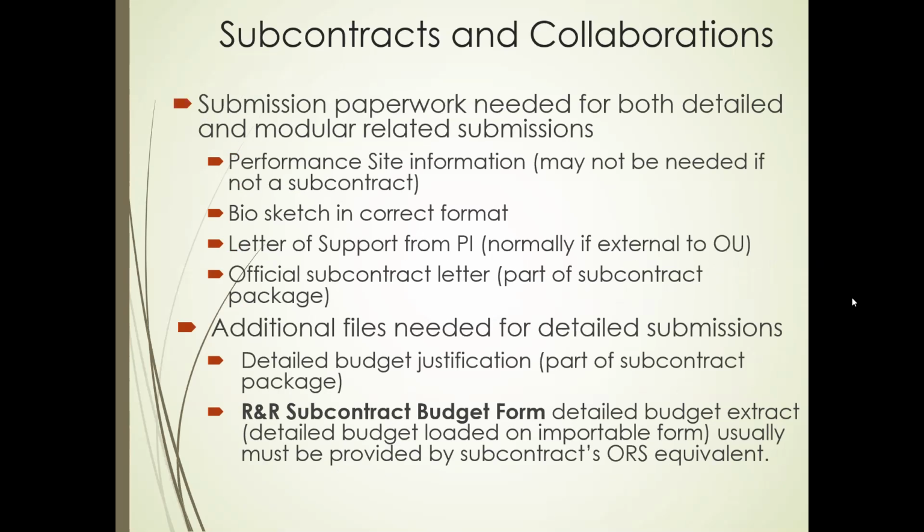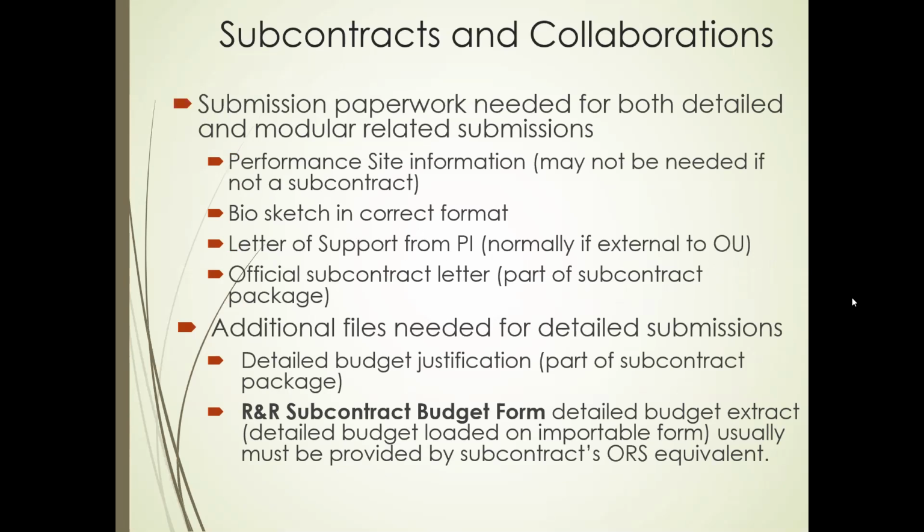When it comes to a subcontract, the submission paperwork that is needed is different. So for both a detailed and a modular submission, you might want to include performance site information. That's up to the PI if you want to include them or not. If they're a key person, then you're going to want their bio sketch.